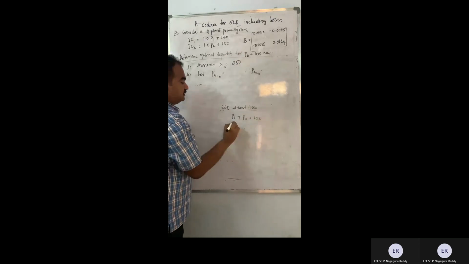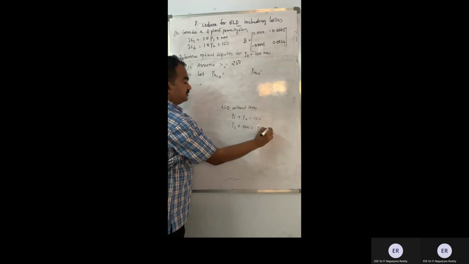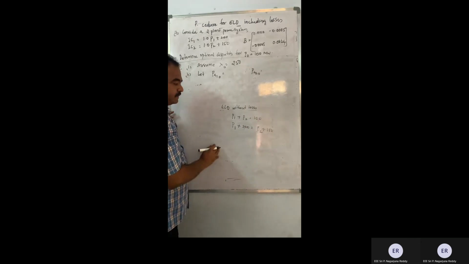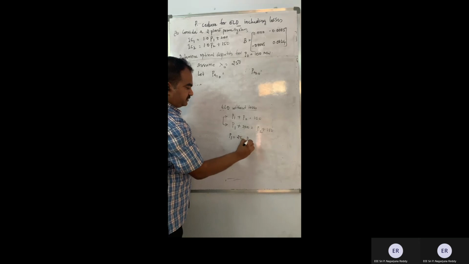This is P1 plus 200 is equal to P2 plus 150. Solving these two, what will I get? P1 is equal to 25 and P2 is equal to 75. So these are my initial values for the problem, 25 and 75.